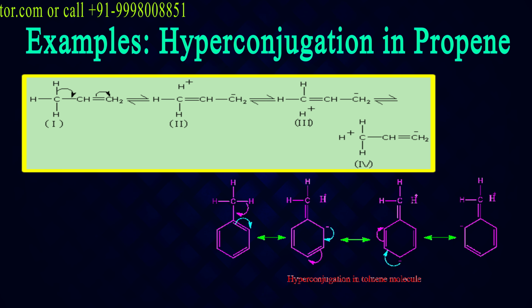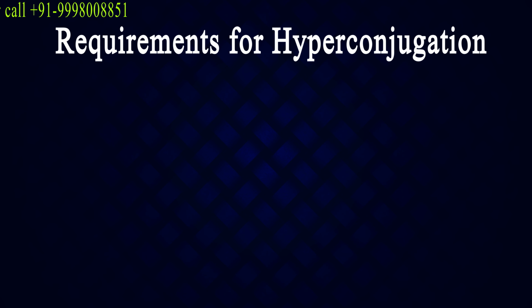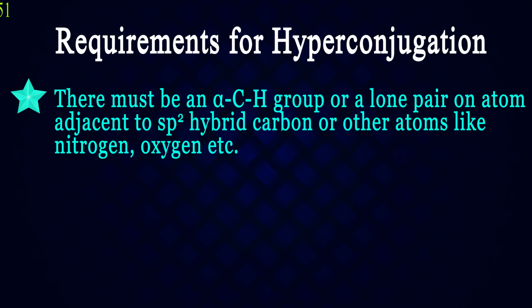Now let's talk about some must requirements that are necessary for hyperconjugation. First is the presence of an alpha hydrogen group or a lone pair on an atom adjacent to an sp2 hybrid carbon, or if some other atom like nitrogen or oxygen is connected with it.